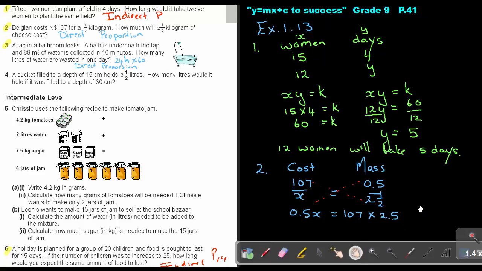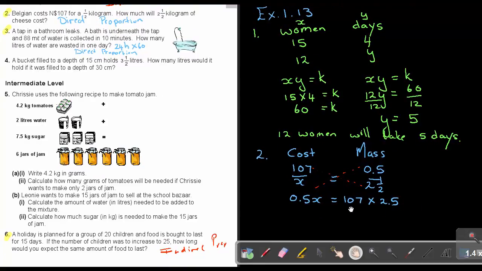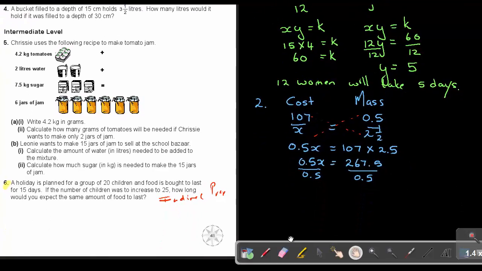Let's just move it up. Okay, so I will get 0.5x equals, and that will be 267.5. Then I divide 0.5 and I divide 0.5. Let's just still move it up. And if I do that, I'm going to get my answer of x. It will be 535.